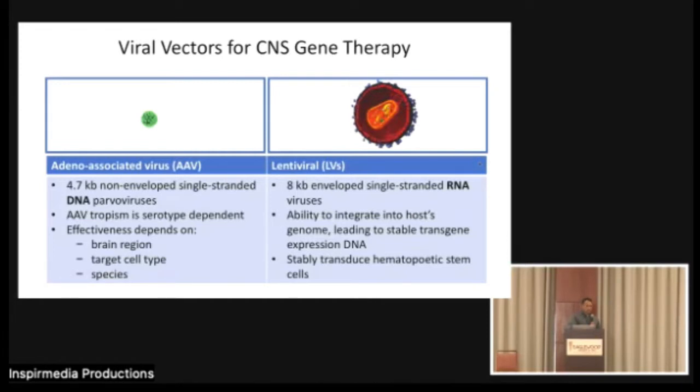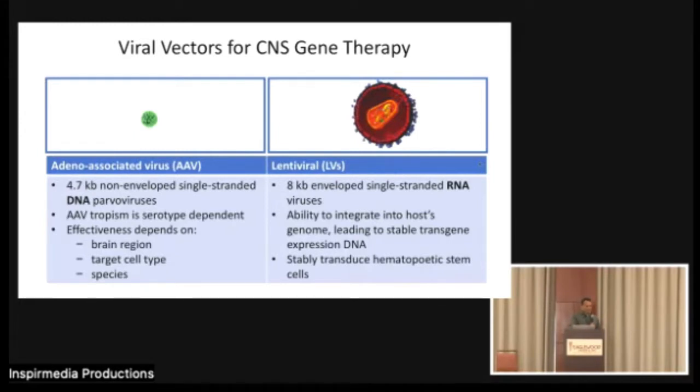There are adeno-associated viruses that are smaller and lentiviruses that are larger. Okay, so the adeno-associated virus you can see in green here is small, what we call a DNA parvovirus, whereas the larger lentivirus is an RNA virus. And they have different kinds of properties, okay? They may belong to the same family of viruses, but like in any family, they're the wild ones, they're the mild ones, right?